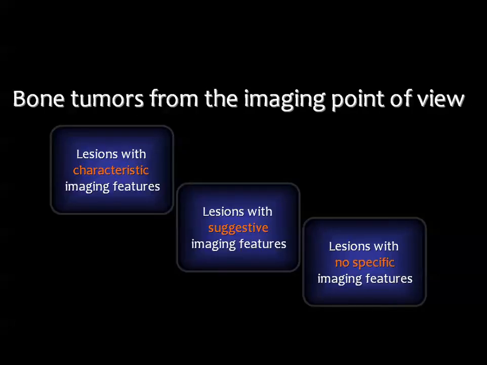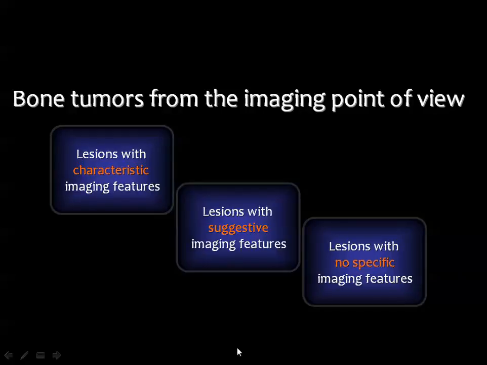You cannot predict the histopathology of the tumor from the imaging, but you can only say that this is a benign lesion or this is a malignant lesion based on the criteria I have mentioned. But the actual type of the tumor you cannot reach from the imaging, and you need the help of biopsy to reach the diagnosis.